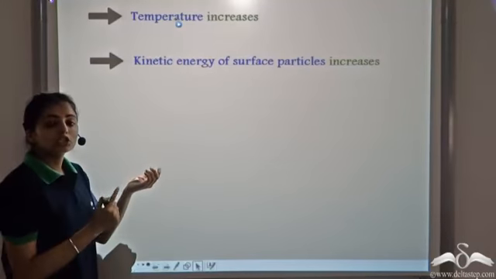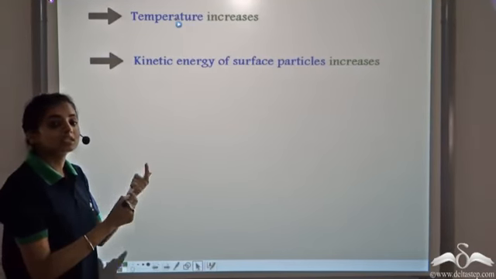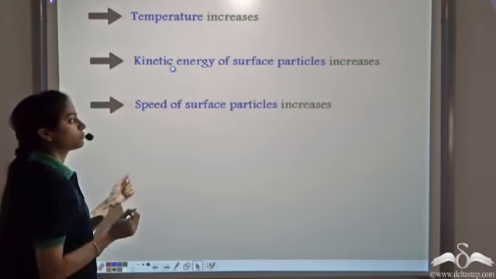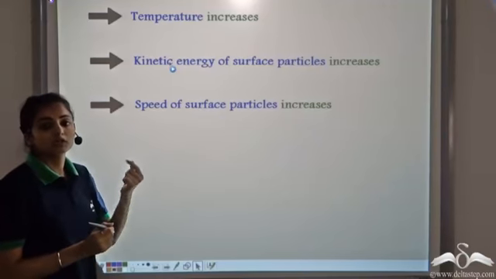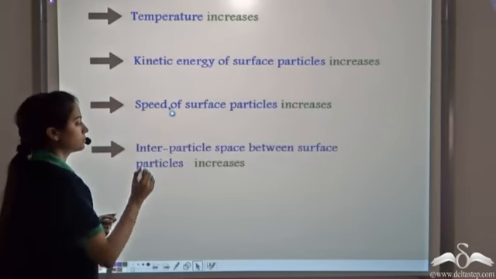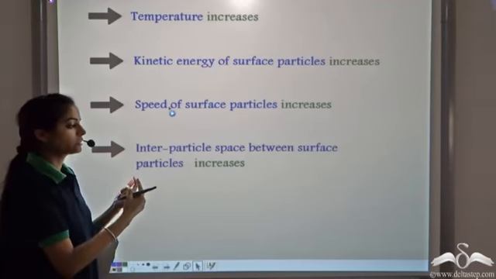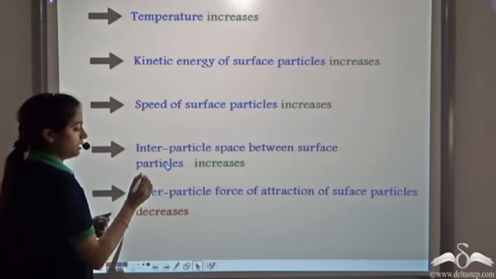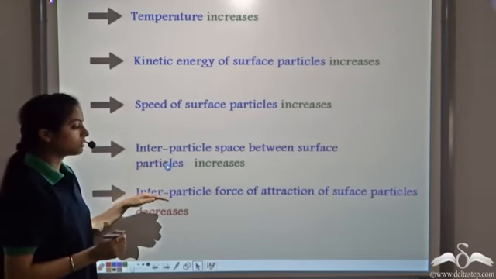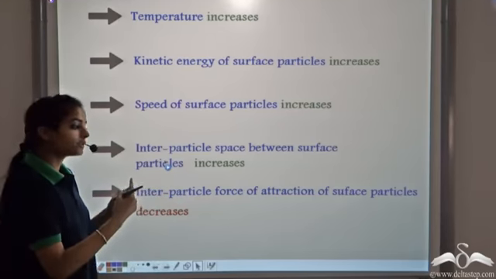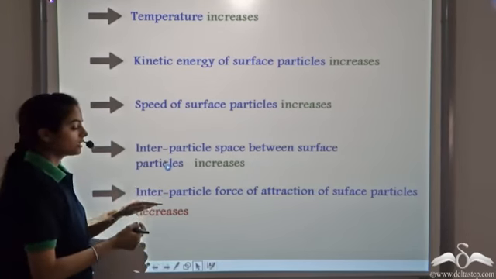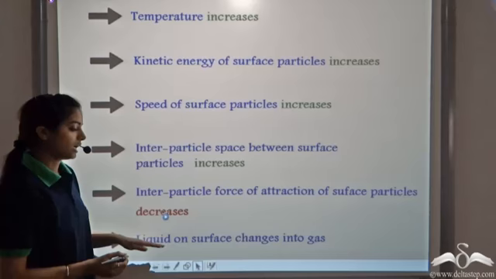The kinetic energy of the surface particles increases tremendously, because of which the speed of the surface particles increases. Due to this, the interparticle space between the surface particles increases. And as a result of this, the interparticle force of attraction of the surface particles decreases. Therefore, they escape as gases.